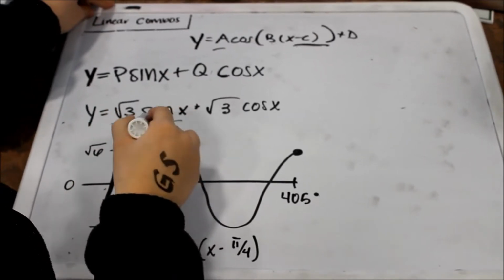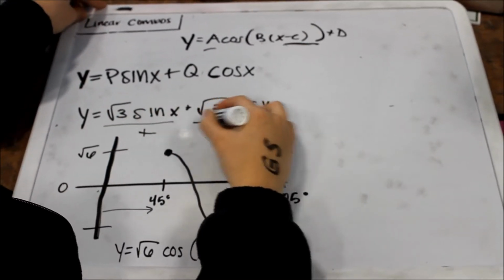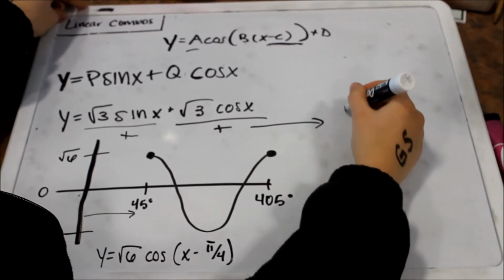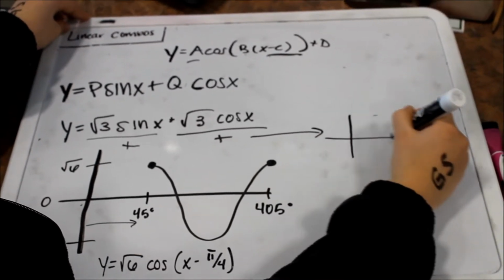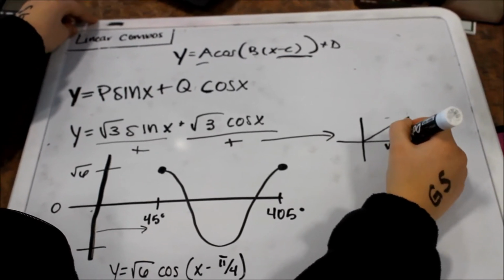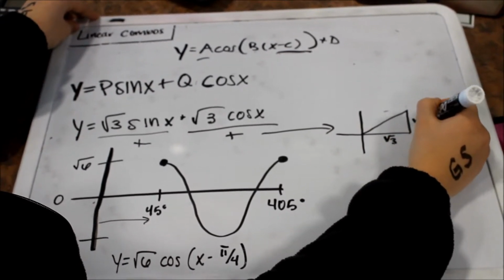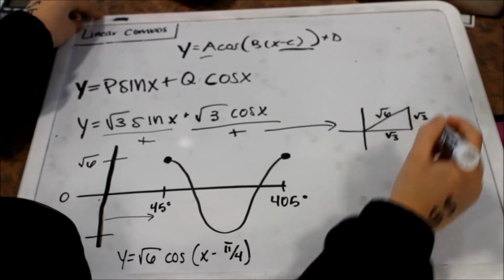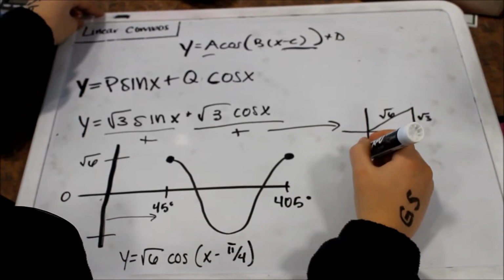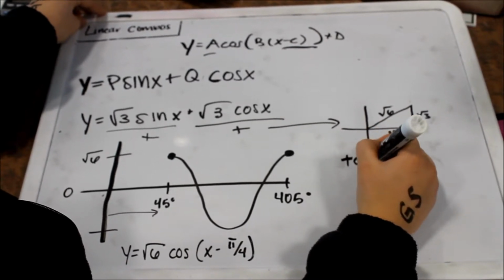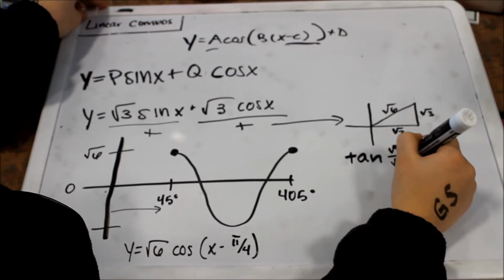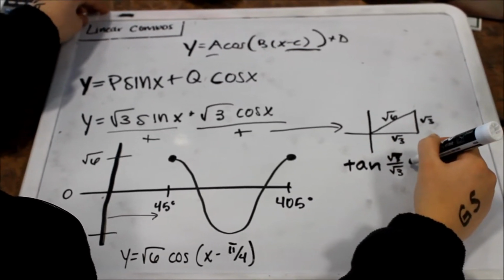Since sine is positive and cosine is positive, we will know that on the unit circle, this triangle will be in the first quadrant. So this is square root of 3, and this is square root of 3, then that will be square root of 6, and we can find where it will shift to using tangent: opposite, which is square root of 3, over adjacent, which is also square root of 3.